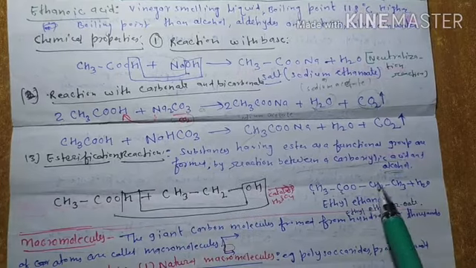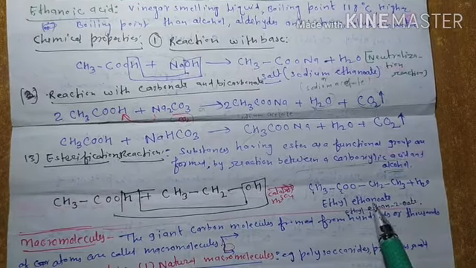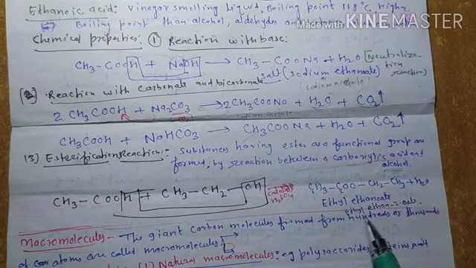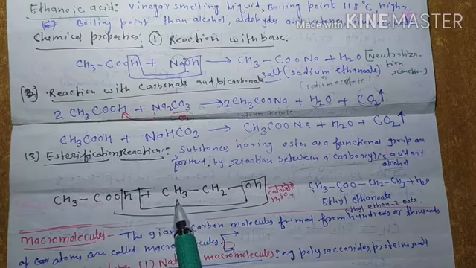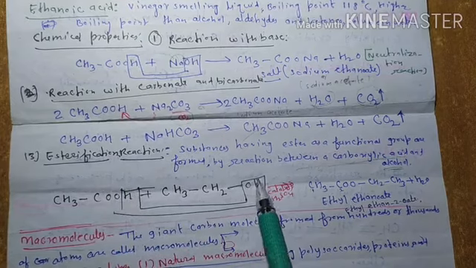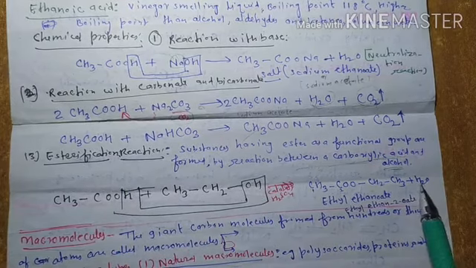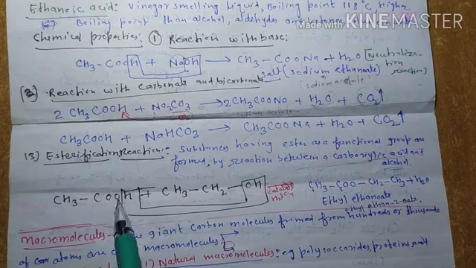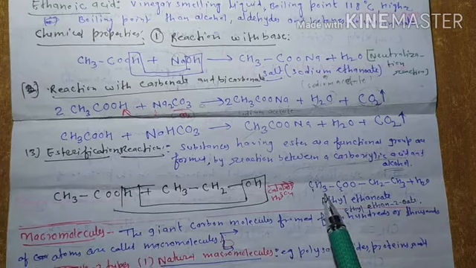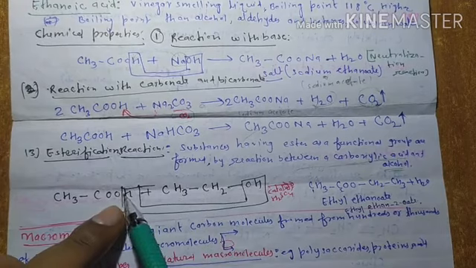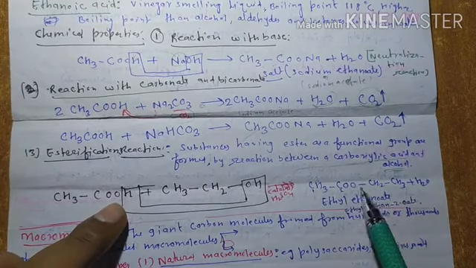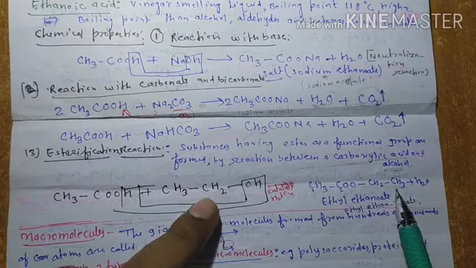This is the ester, ethyl ethanoate, plus water. One hydrogen from here and one O from here form H2O. Simply both molecules combine, CH3COO takes the place of hydrogen, so you can see CH2, then CH3.